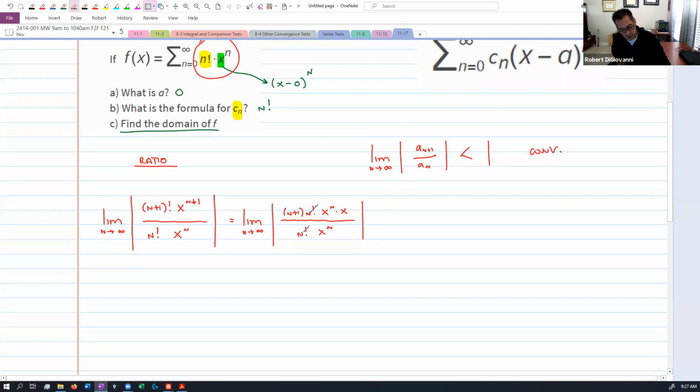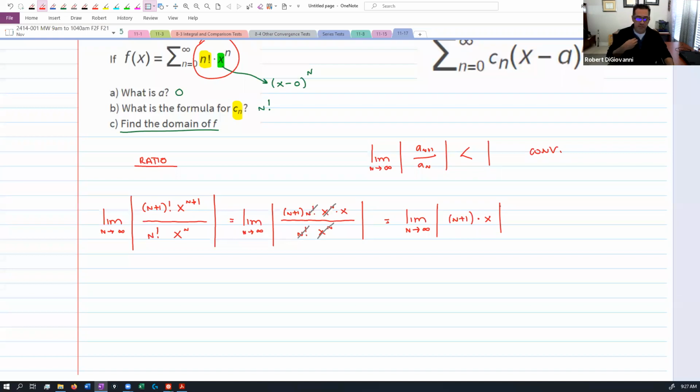Gone, gone, gone, gone. And so what we're looking at at the end is the limit as n goes to infinity of (n plus 1) times x. That's all we have.